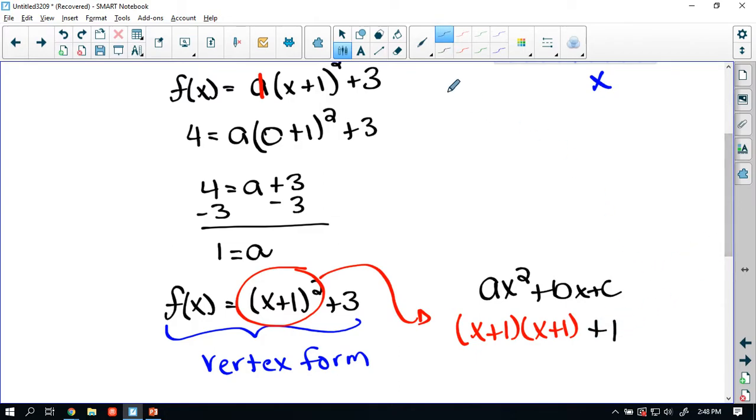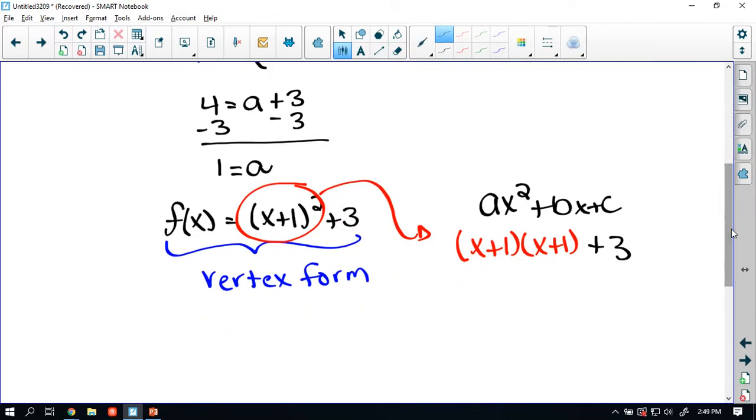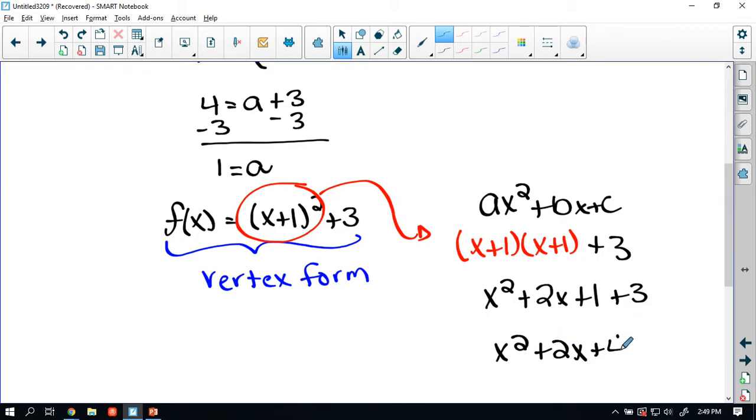So when we expand this out, we're doing x plus 1 times x plus 1. And we need to expand it so that we can get the standard formula, ax squared plus bx plus c. Okay, using FOIL, I get x squared plus 2x plus 1 plus 3. So I basically did a couple of steps in one there, but you're going to use FOIL to get this. And then x squared plus 2x plus 4 will be our standard form.